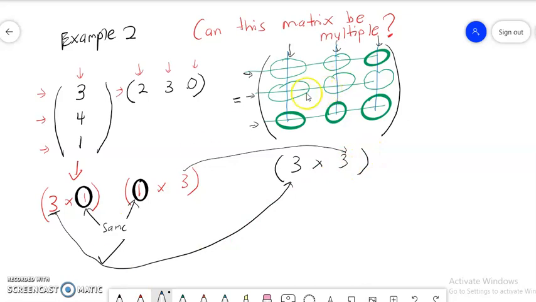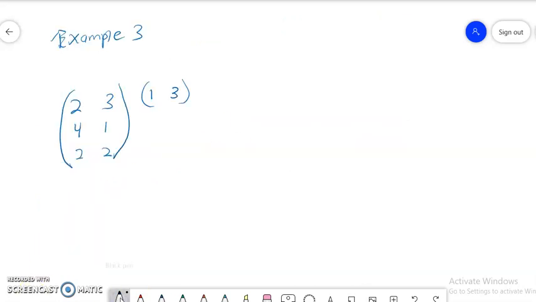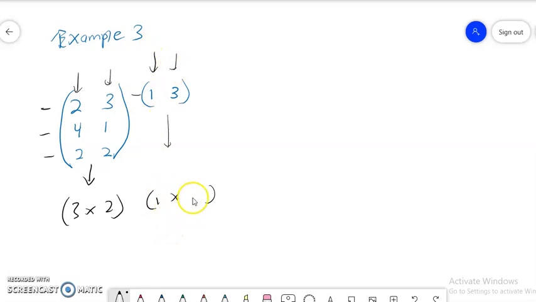Okay, let us go to the third example. Now coming to example number 3, can this matrix be multiplied? Let us check. The format for this matrix is 2 rows by 2 columns. However, here the format of this matrix is 1 multiply with 2.